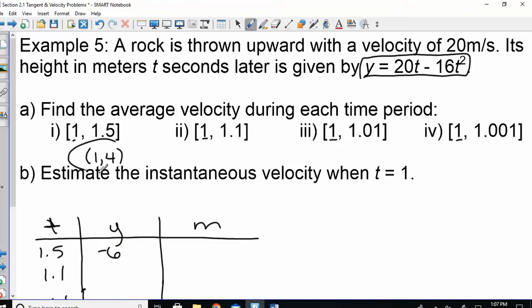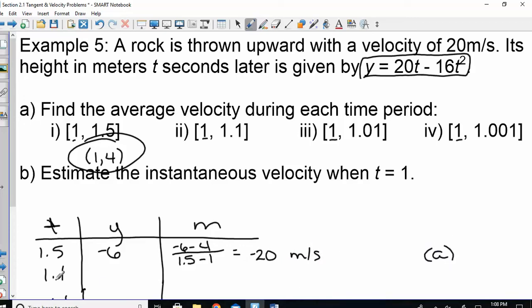So slope, we're comparing them all to this 1, 4. So y sub 2 minus y sub 1 over x sub 2 minus x sub 1. So we get negative 10 over 0.5, so negative 20 meters per second.